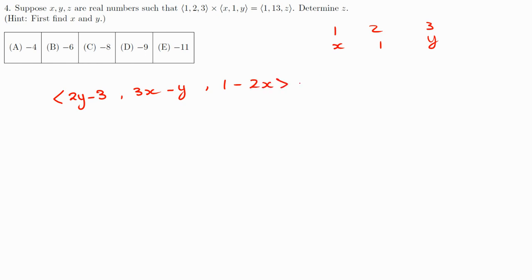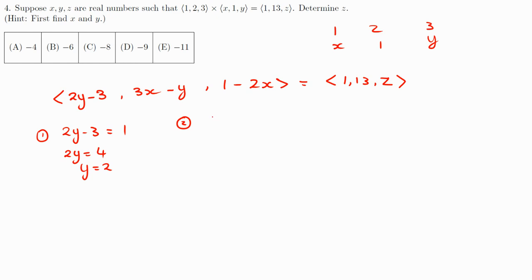Okay, they tell us this thing is equal to this. So first of all, let's work out this component quickly. The first components are 2y minus 3 is equal to 1. So we can easily find y, because 2y is equal to 4, so y is equal to 2.